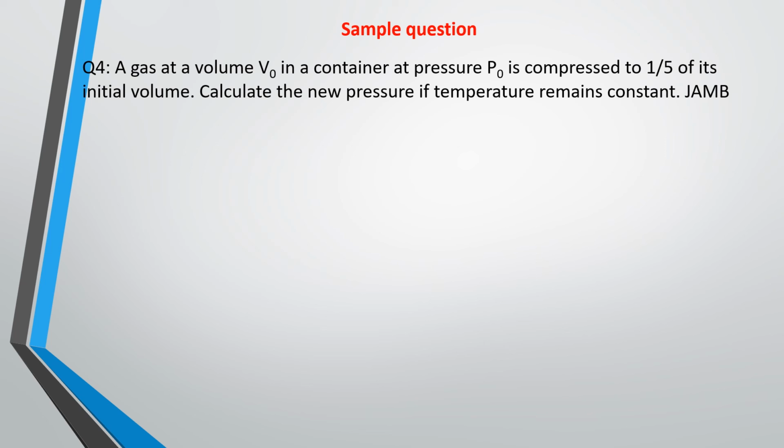From this problem, you are given that V1 is equal to V0, P1 is equal to P0, and V2 is 1/5 of V0, because it says 1/5 of initial volume. P2 is what you are asked to find.